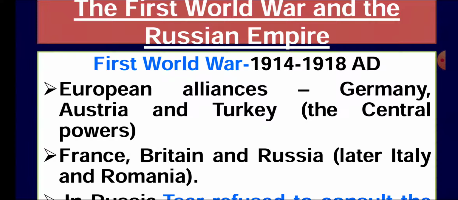On the other hand, during this period, the Russian Empress Tsarina Alexandra, who was of German origin, was under the influence of Rasputin, a monk who was very, very unpopular, and she also interfered in the politics of Russia.